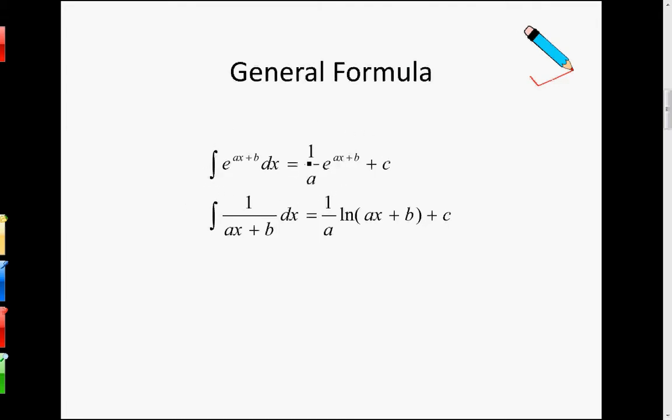If I differentiate e to the power of ax plus b, I would get a e to the power of ax plus b. So if I integrate this, I would get 1 over a e to the power of ax plus b plus c. These are all constants once again, and this a came from this a.